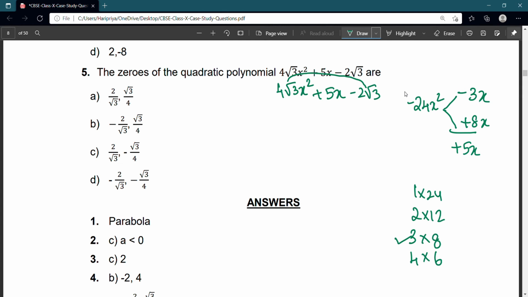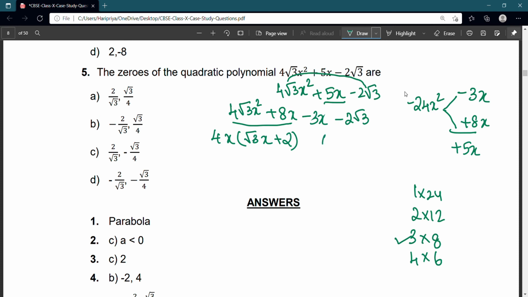Now I am going to substitute here 4 root 3 x square. Instead of this 5x, I am writing plus 8x minus 3x minus 2 root 3. Now in this, 4x I am taking out common. So what is left is root 3 x plus, if I took out 4, 2 is left. So always you have to write the same thing here.